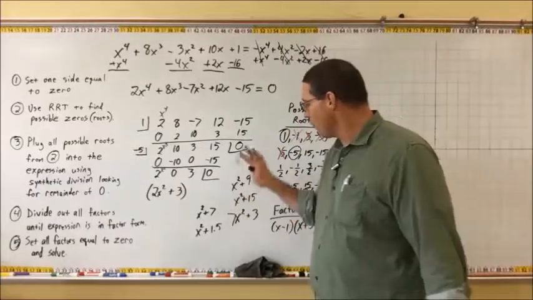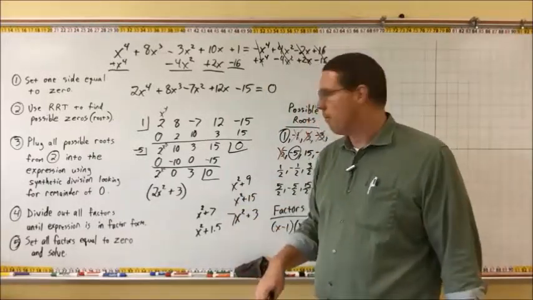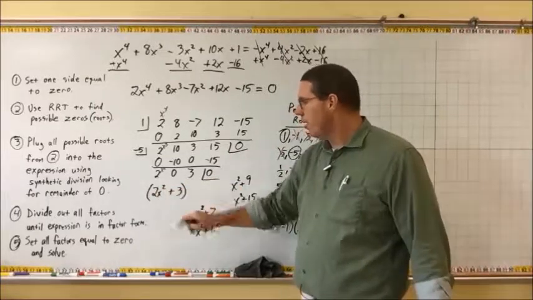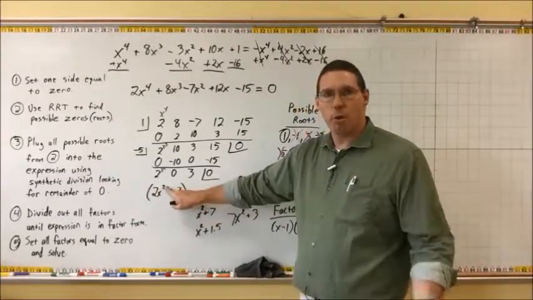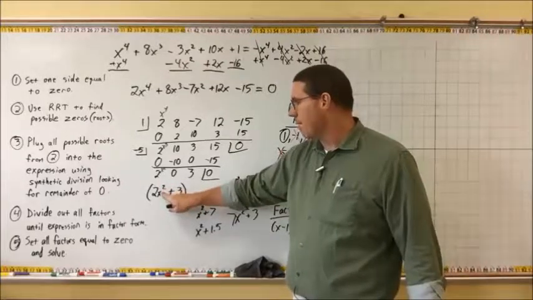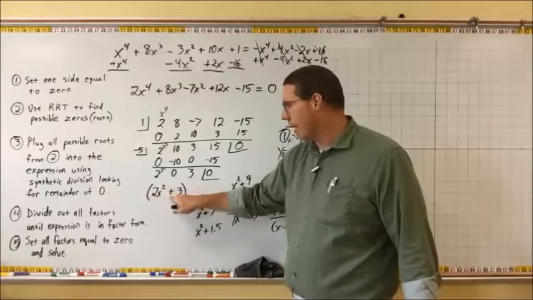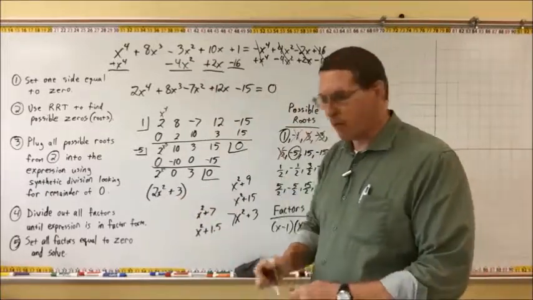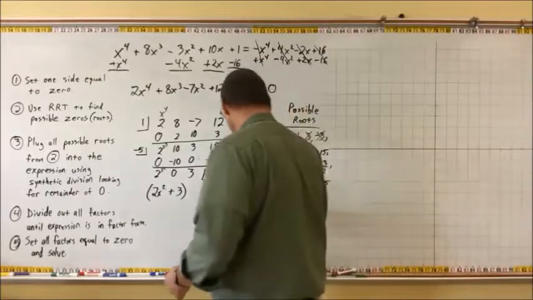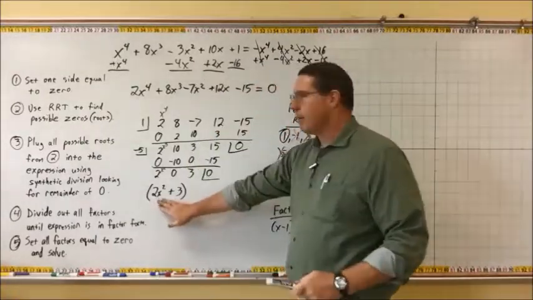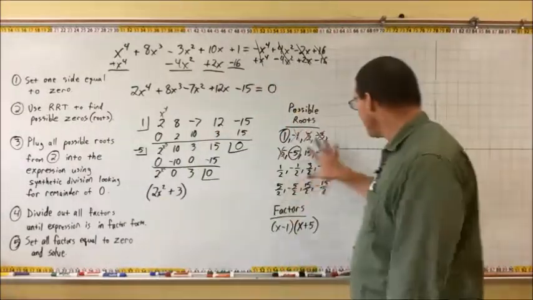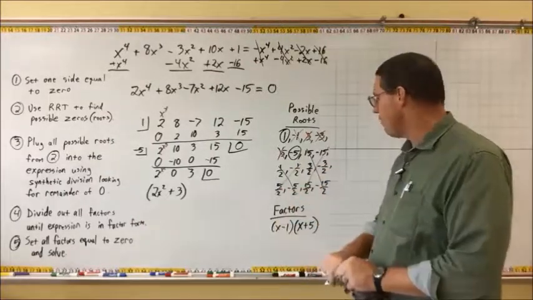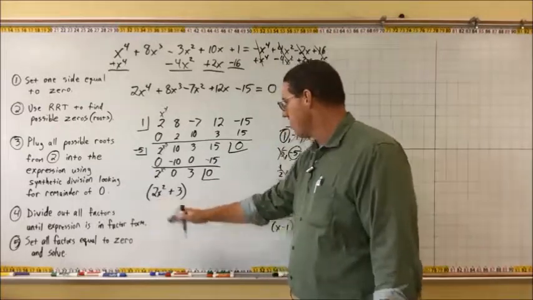This can never, ever equal 0. There's no number that you can put in for x and make this equal 0. That's because squared values are always positive. If you multiply a positive value times a positive value and add another positive value, you will have a positive number, never 0. And what that means is that this cannot be broken down anymore. It can't be factored. That means none of these numbers could possibly be factors. We have found all of the factors, and this is one of them.